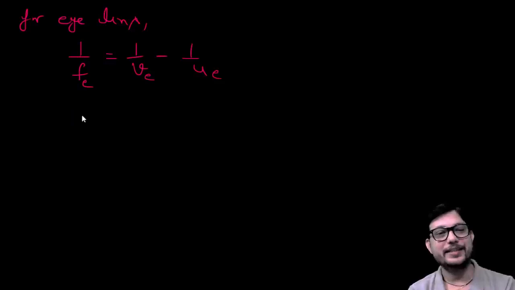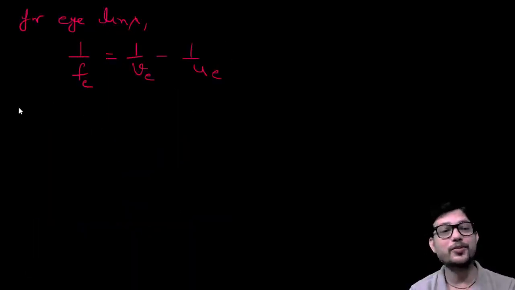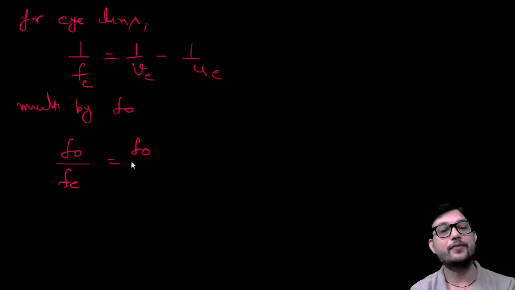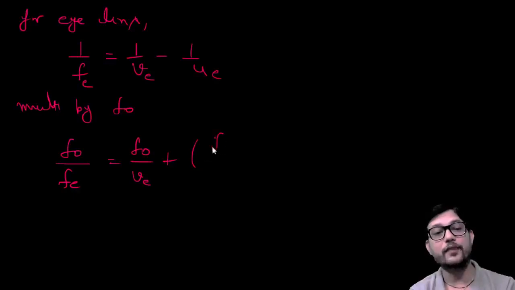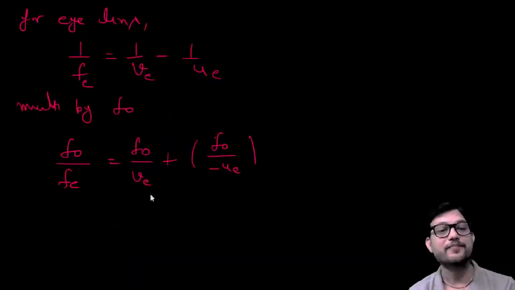Now as you can see, the value of m is FO upon UE, so multiply by FO, and we get FO over FE equals FO over VE plus FO over minus UE. I hope you are getting what I am doing here. The value of m we are searching for is FO upon minus UE.